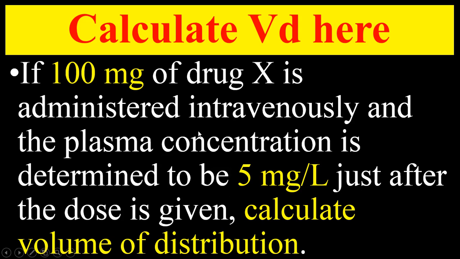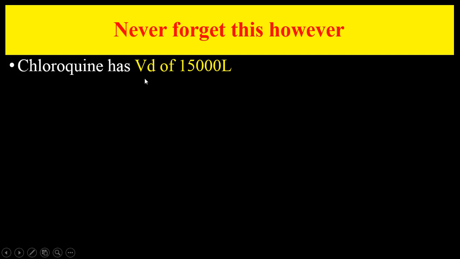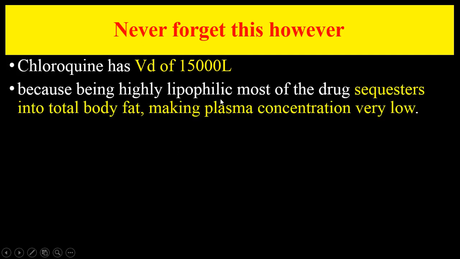So why does it not correspond to the total body water? To understand this, chloroquine has a volume of distribution of 15,000 liter, but there is no 15,000 liter in the body. Why? It happens because there are various factors affecting.